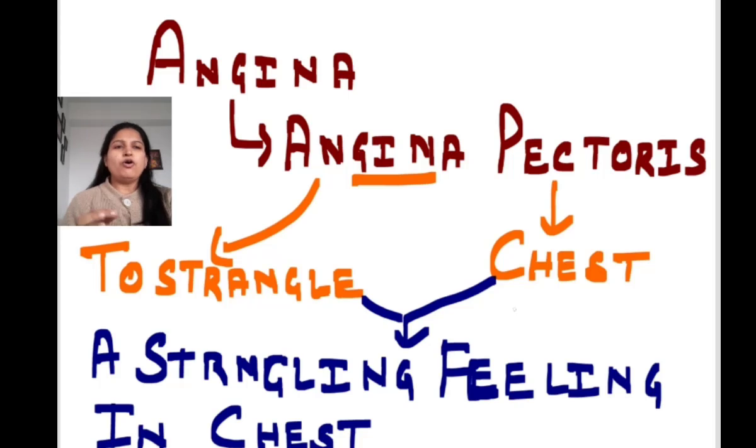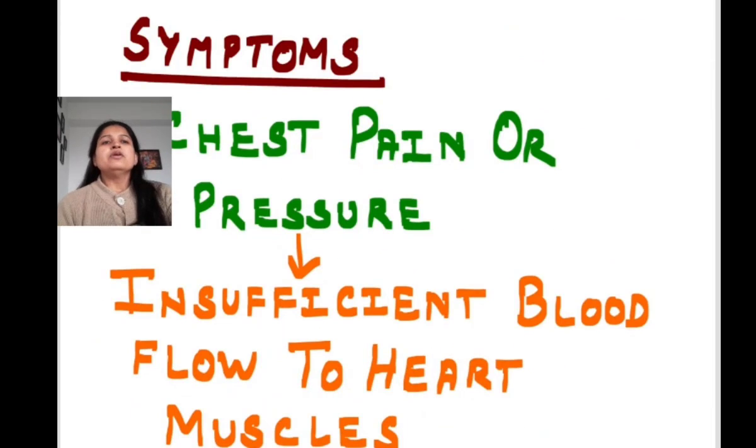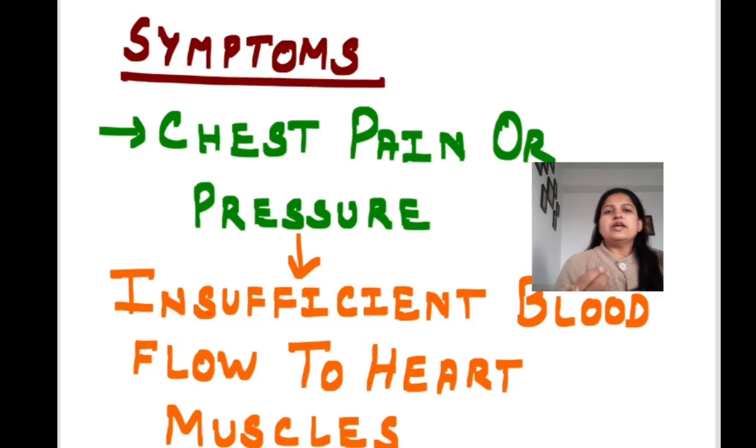So if we join these two terms, angina pectoris is a strangling feeling in the chest, or we can say a pressurized kind of situation. Now, what are some symptoms of angina pectoris?